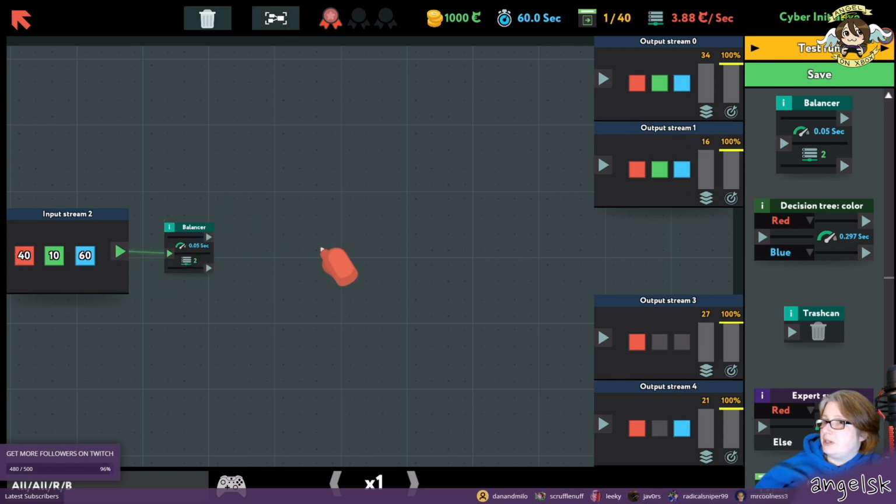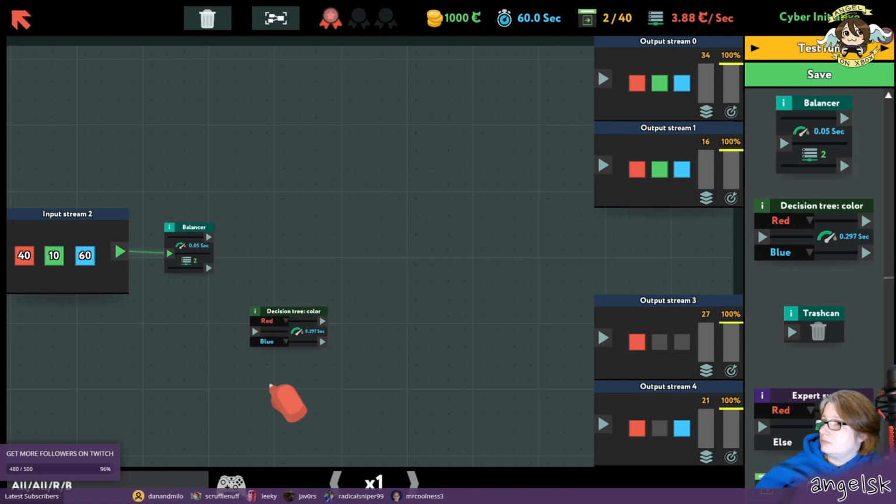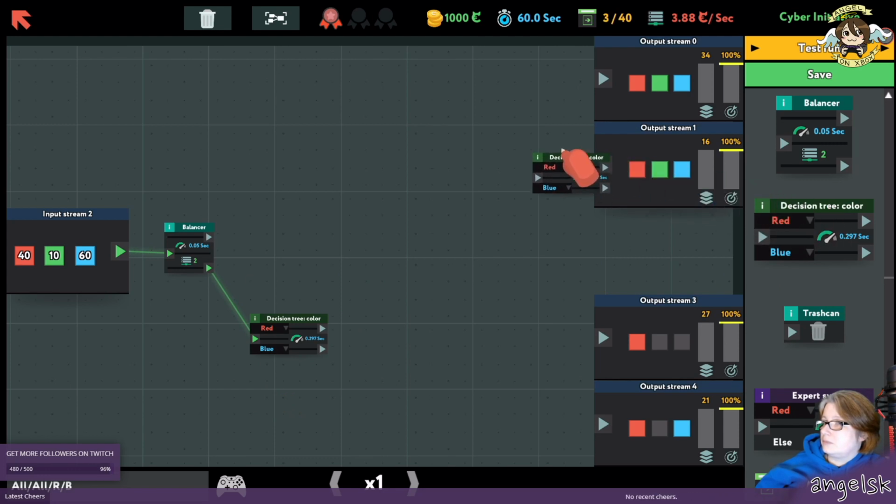Okay. Split the load. Assuming then 20 red, that's not sufficient. 5 green, too much, and 30 blue, too much.